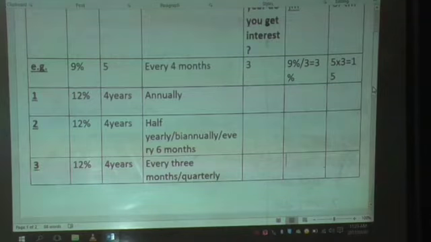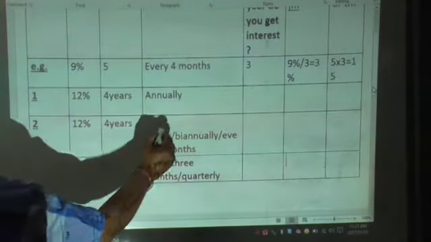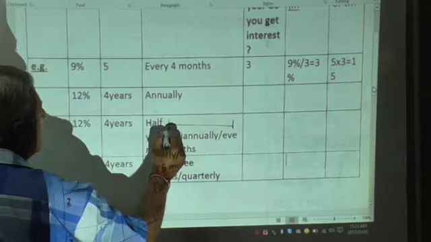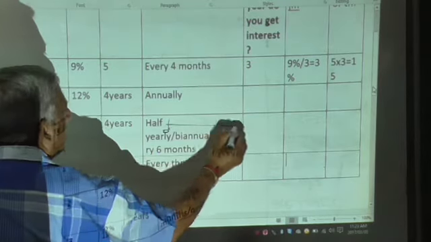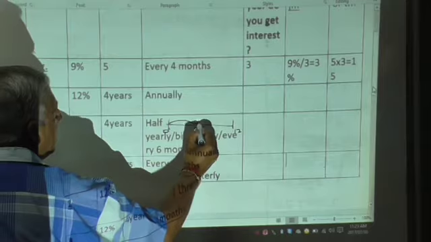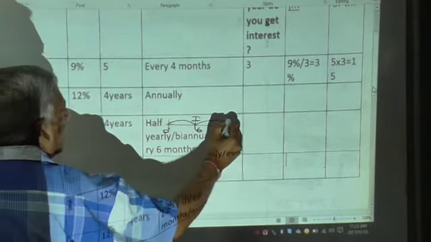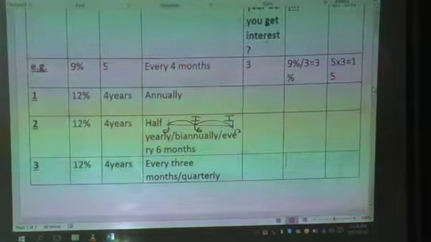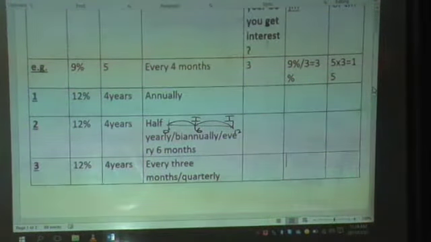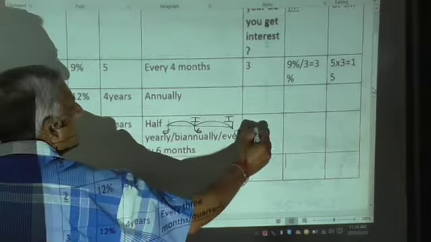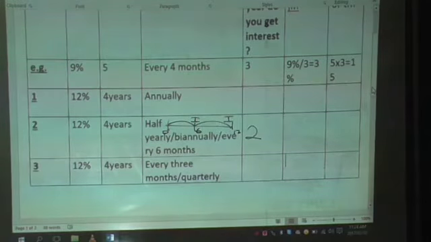It says half yearly. If it's half yearly, then there's your 1 year, 0 months, 12 months, which means every 6 months you'll get interest. You'll get interest one time, 2 times. Half yearly or biannually or every 6 months means the same. So you get interest 2 times. So the answer is 2 for this example.